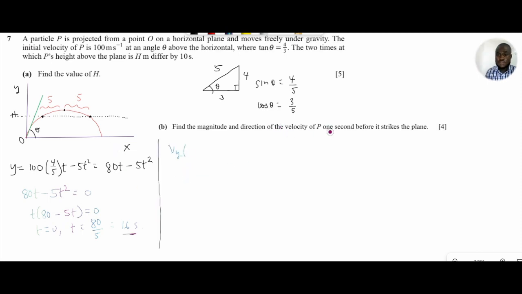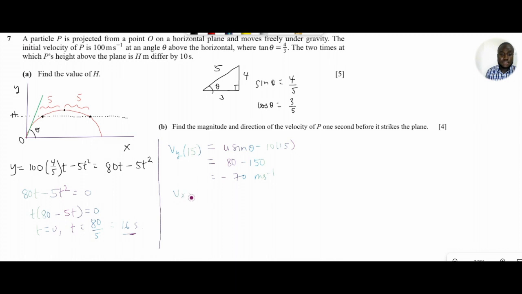Remember, we want the velocity 1 second before it strikes the ground, and that would be at the time t equals 15 seconds. This is negative 70 meters per second.